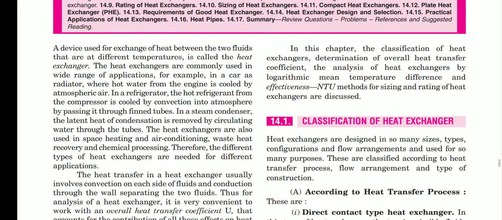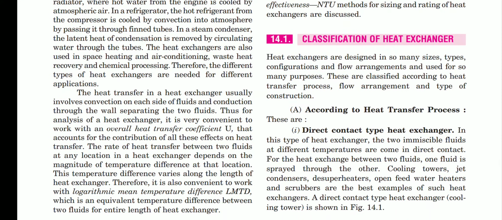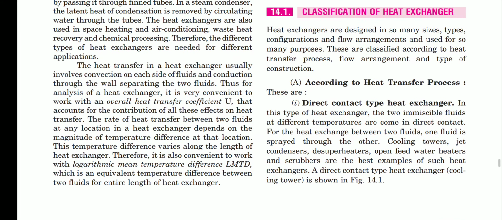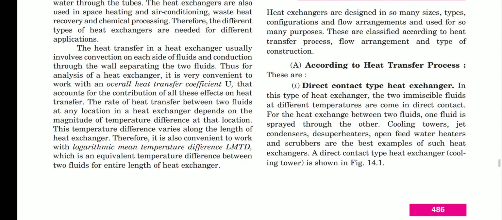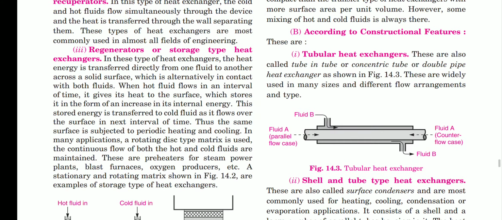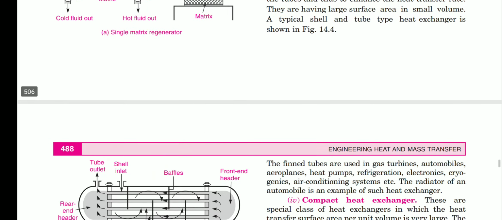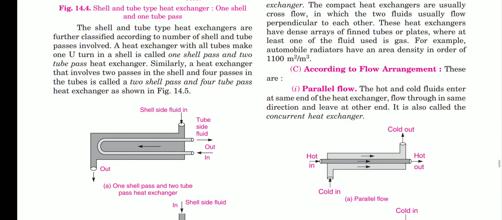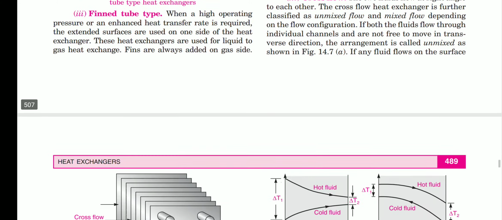First heading is the classification of heat exchangers. There are different classification strategies. The first is according to heat transfer process. The second is according to constructional features. And the third is according to flow arrangement.